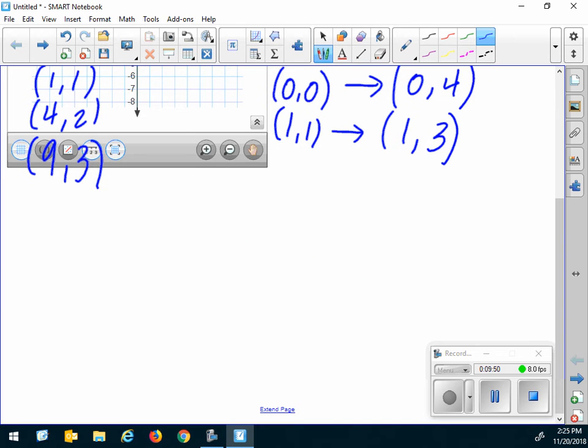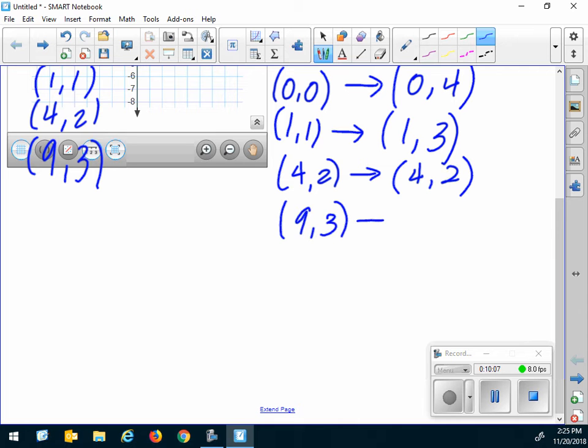(4, 2). 4 stays the same. Opposite of 2 is negative 2. Plus 4 is 2. (9, 3). 9 stays the same. 3 turns into negative 3, and then up 4, negative 3 plus 4.